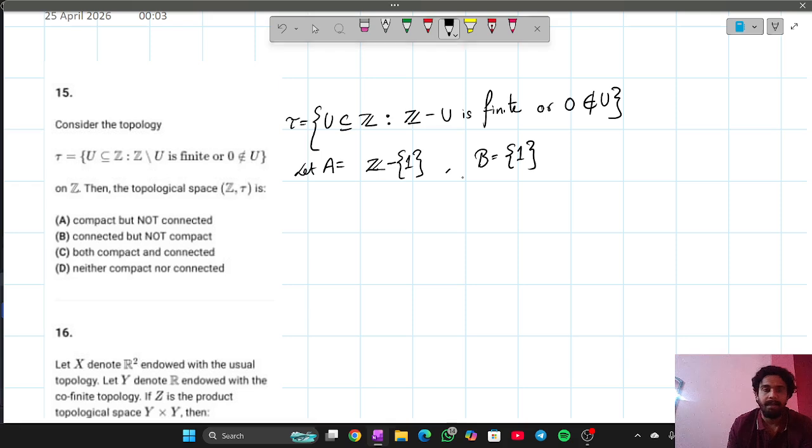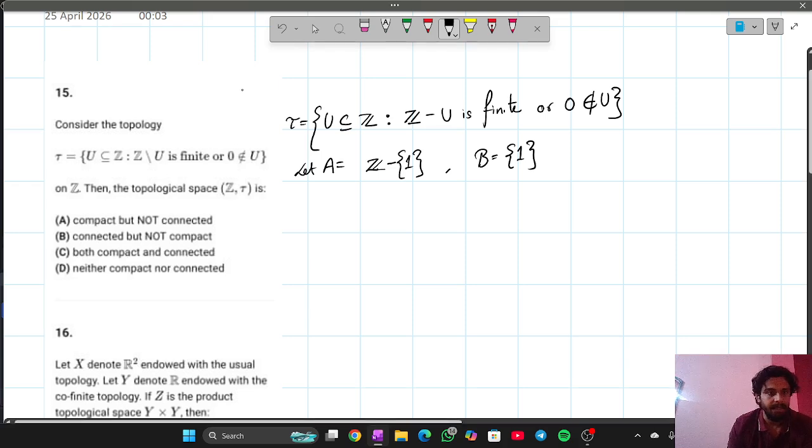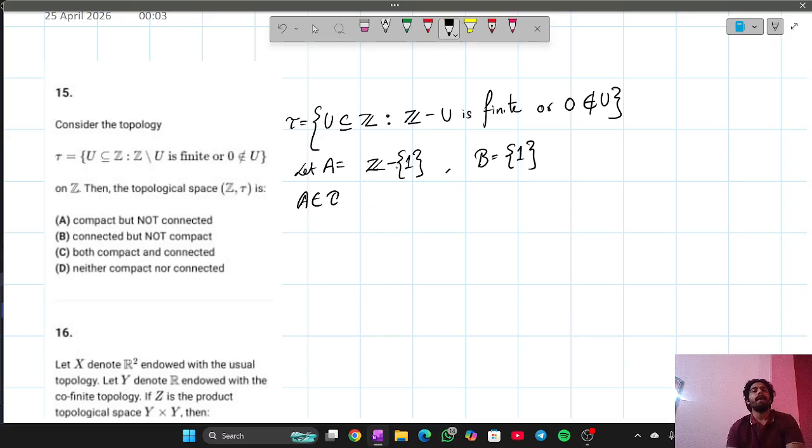Now in this case, we know that A belongs to tau. Why does A belong to tau? Because if we consider Z minus A, we can see it is just 1, which is finite.